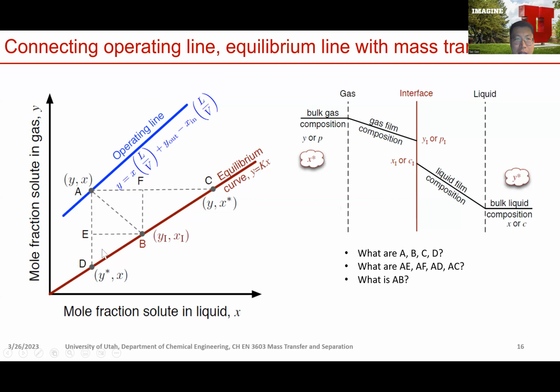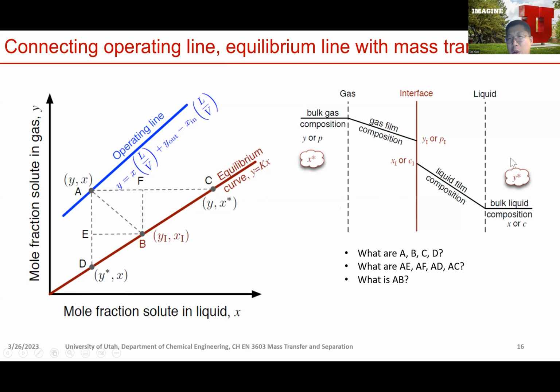Similarly, point D has the same X coordinate as point A, so Y star is in equilibrium with X.